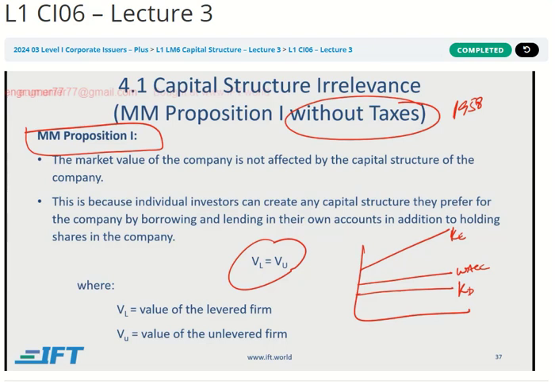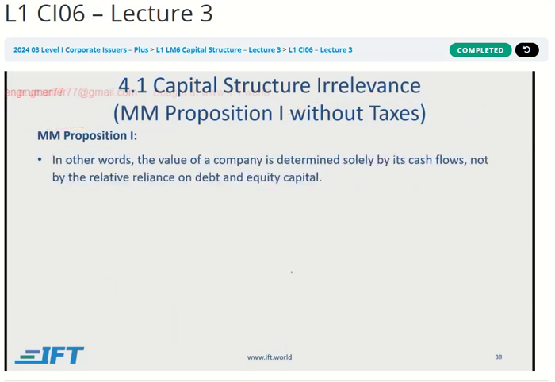So it's exactly offsetting. As your debt to equity ratio is going up, similarly your cost of equity is going up in a linear fashion. So it just offsets that benefit from including the lower component cost of capital, and your weighted average cost of capital doesn't change. Therefore the value of your leveraged firm is equal to the value of your unleveraged firm, right?